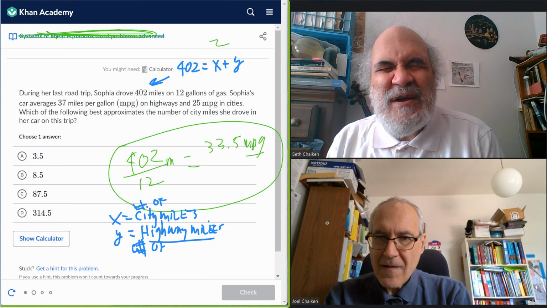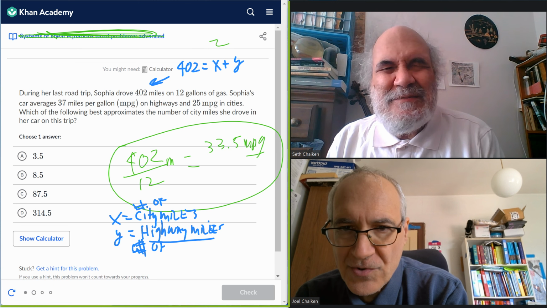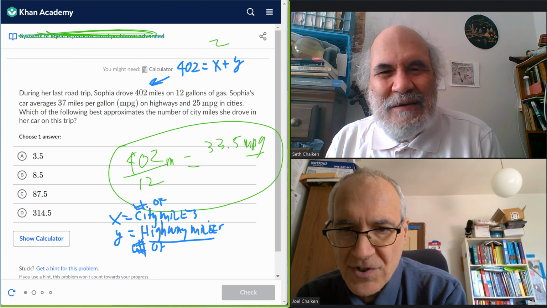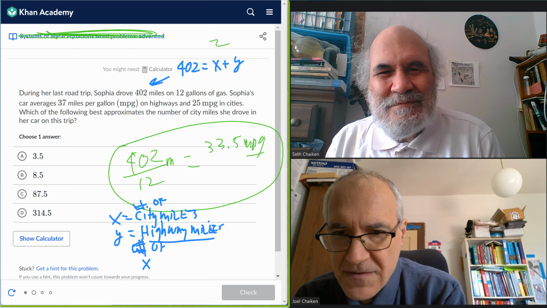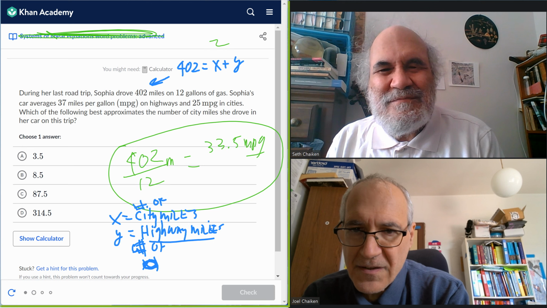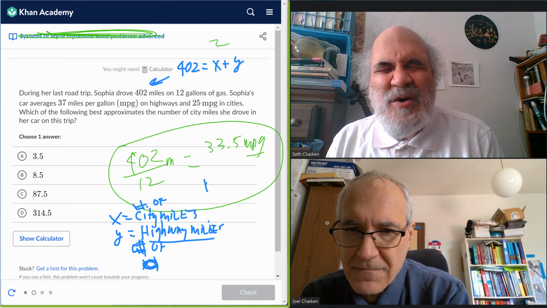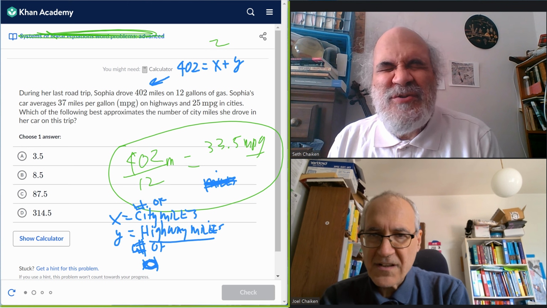So we need another equation relating x and y. Now, the amount of gas you use is the number of city miles... Well, okay, here we go. 12 is the number of gallons used altogether.